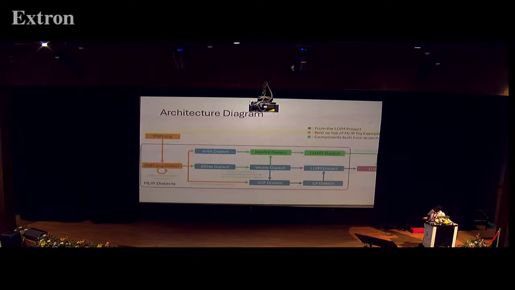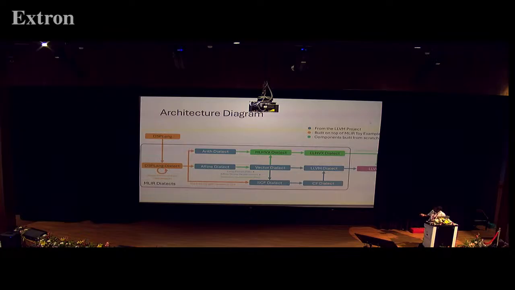So the high-level architecture here is that DSP Lang and the DSP Lang dialect are derived from the MLIR Toy example, which is given by the LLVM project itself. And it leverages a lot of the existing infrastructure like the Arith dialect, Affine dialect, and Vector dialect.